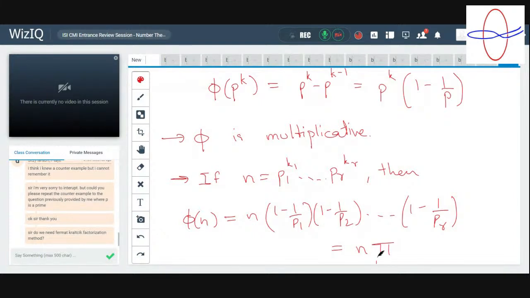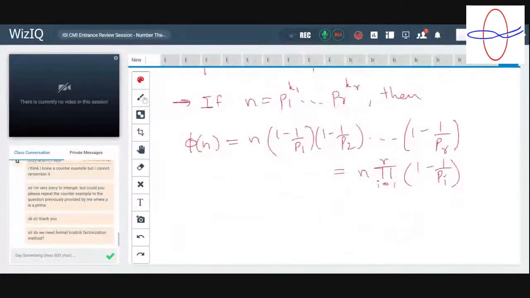In a more compact form, it's this thing. Okay, so now what does this formula tell you? This formula tells you that for all n greater than 2, phi of n is even.